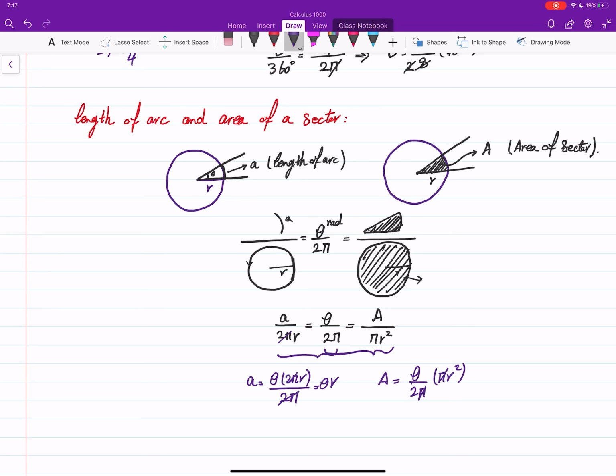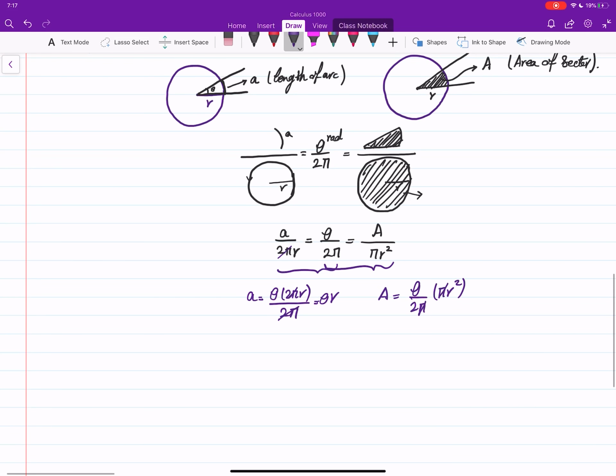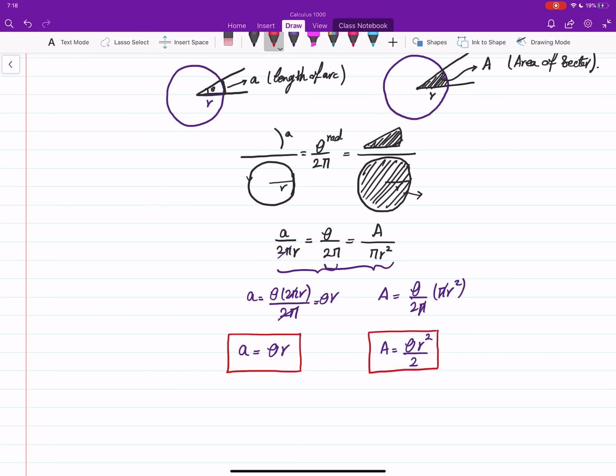This cancels with that. And what we get are two nice formulas. The length of arc is going to be theta r, where theta is in radian. And the area of the sector is equal to theta r squared over 2. So these are two formulas that we will use in the course at some point.